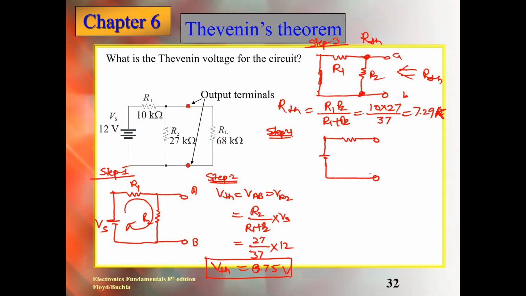This is terminal A and B. This is VTH. This is RTH. And now guys, you can reconnect the load which you removed in the beginning, which is RL. This is called your Thevenin circuit.